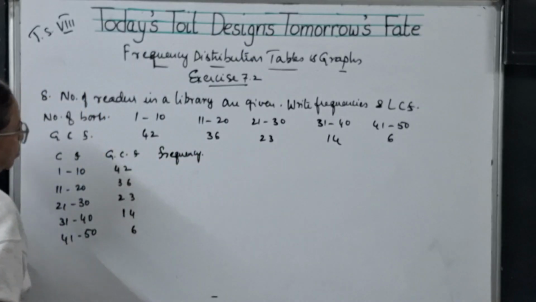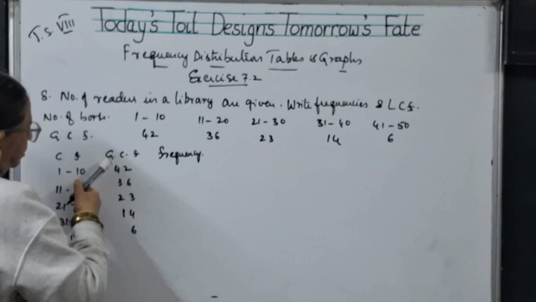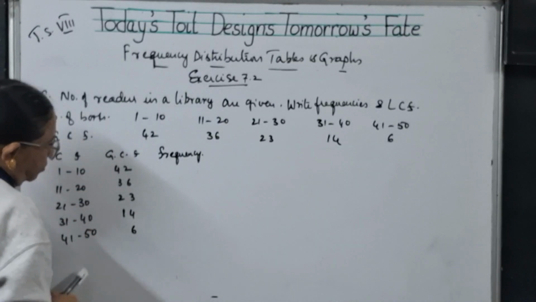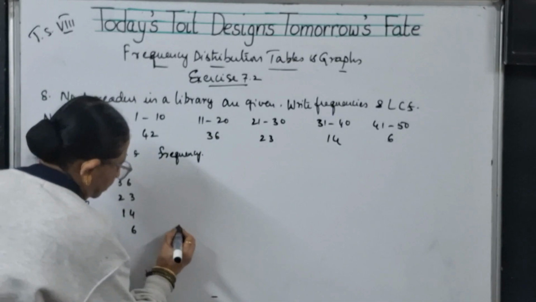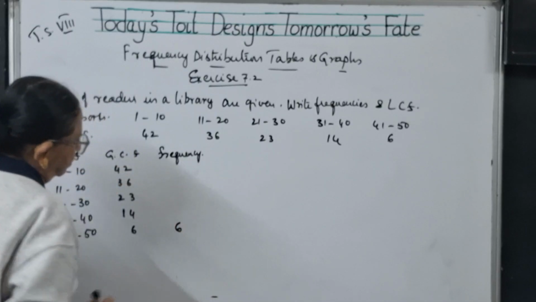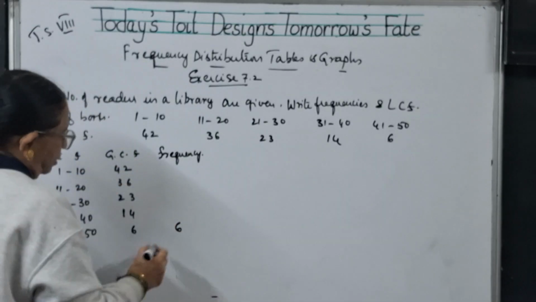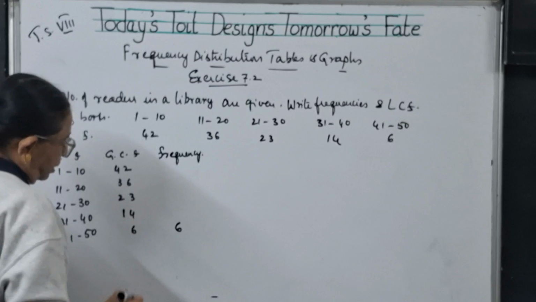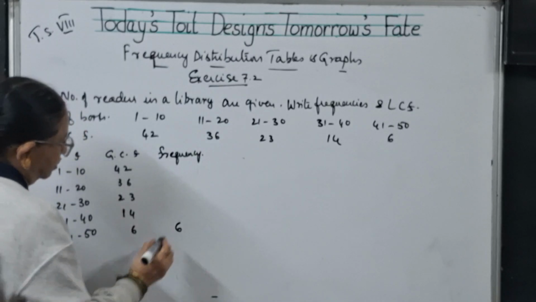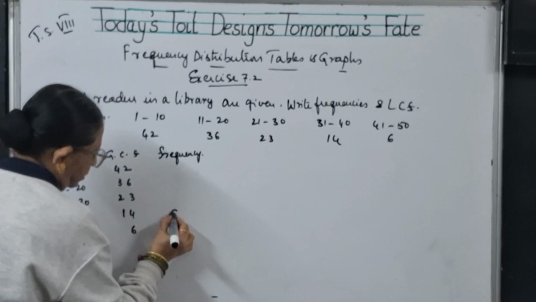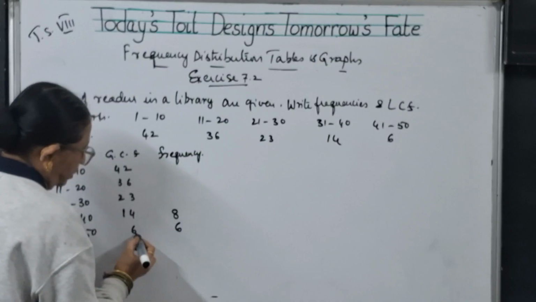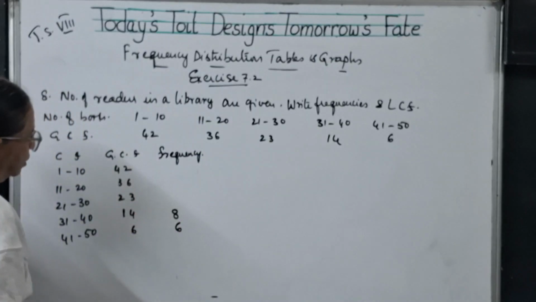As we know, greater than cumulative frequency will start with the greatest value. So this 6 and this 6 is same. You have to take 6 as frequency. Then 14 minus 6, that is 8. So 6 plus 8 is 14.